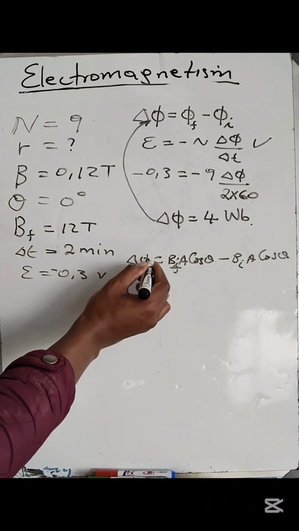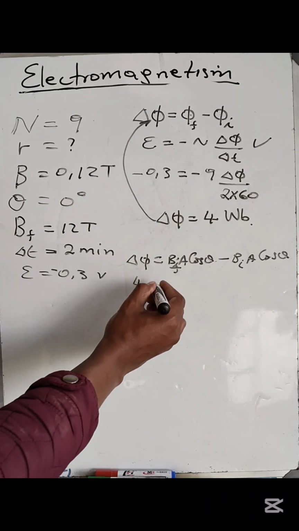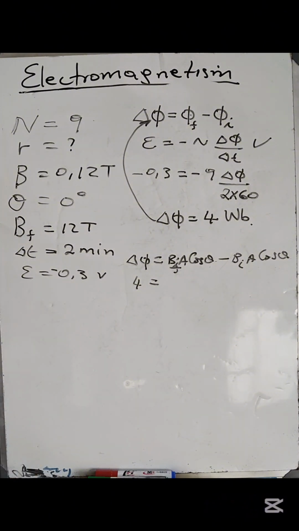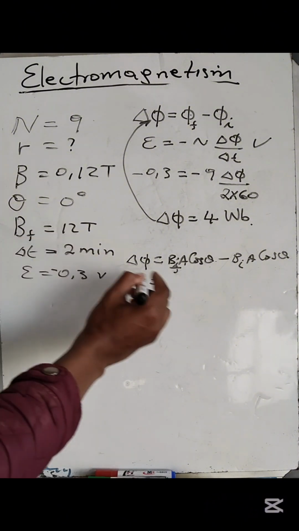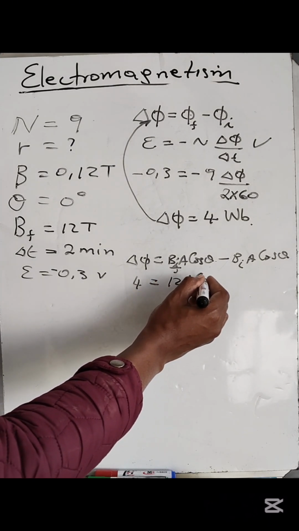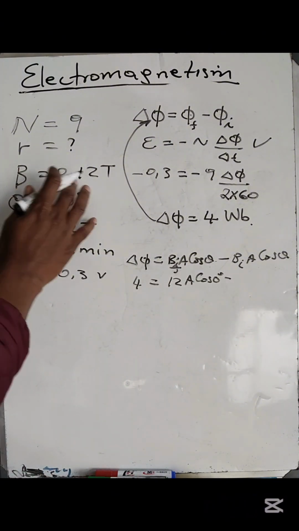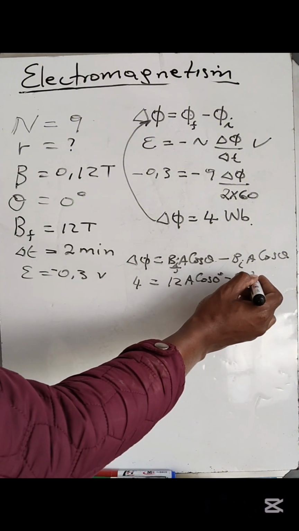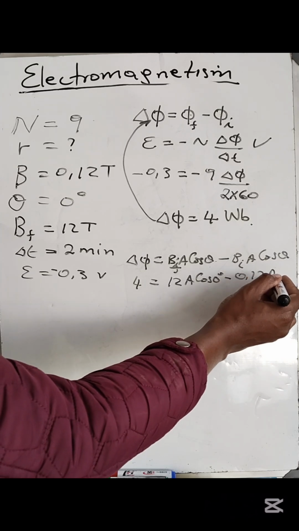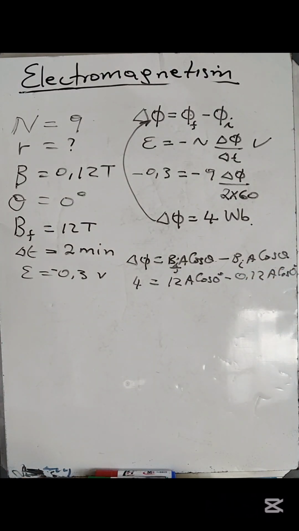So the change in magnetic flux is 4, which is equal to B final, which is 12, times area, cos of the angle, which is 0, minus the initial, which is 0.12, times area, cos of the angle, which is 0.